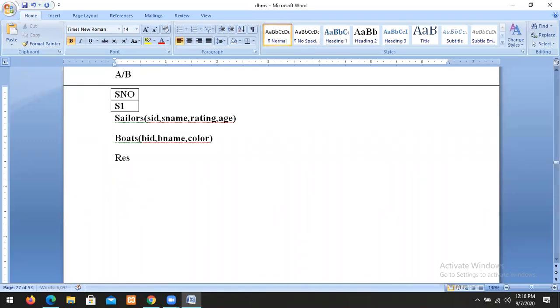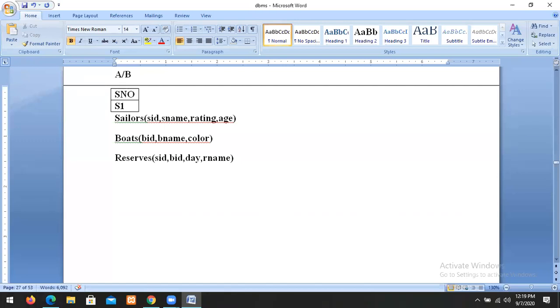Another table is results: SID, BID, day, and R name. Suppose these are the three tables. Sailors is one table, boats is one table, and results is also another table.